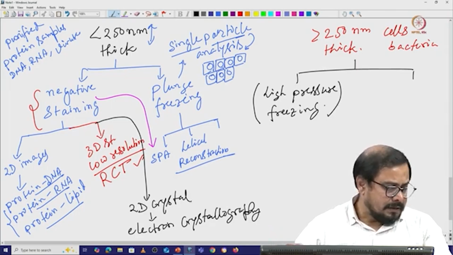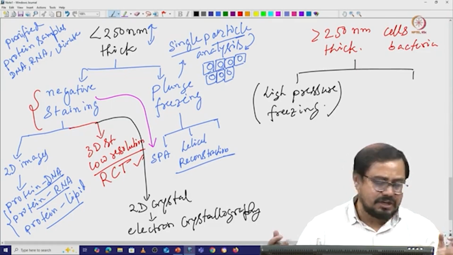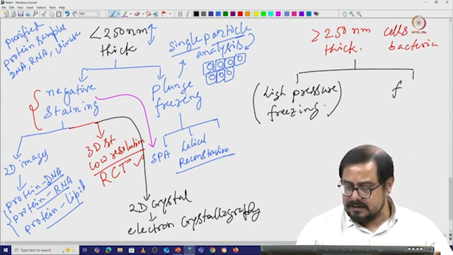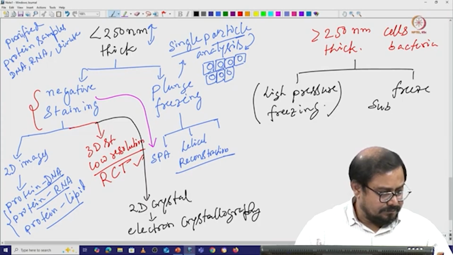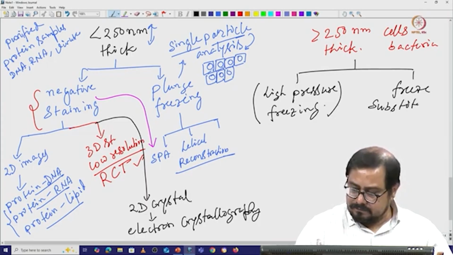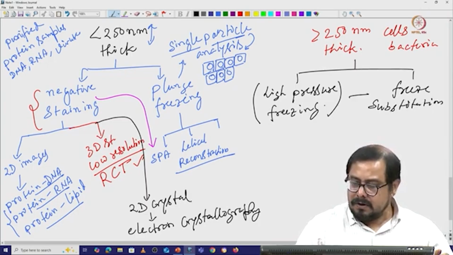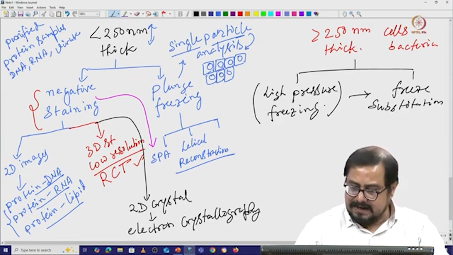So, here is another step, called freeze substitution. Okay, this can go in this direction also.